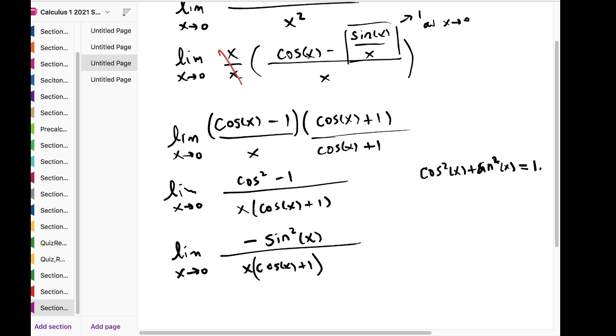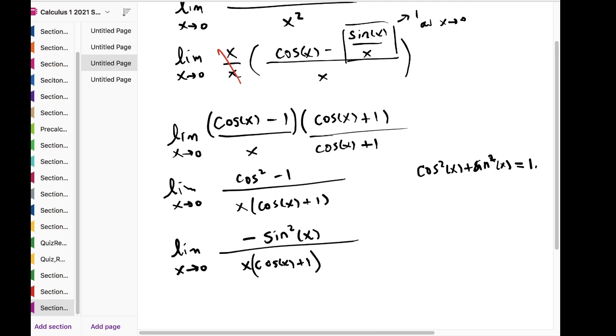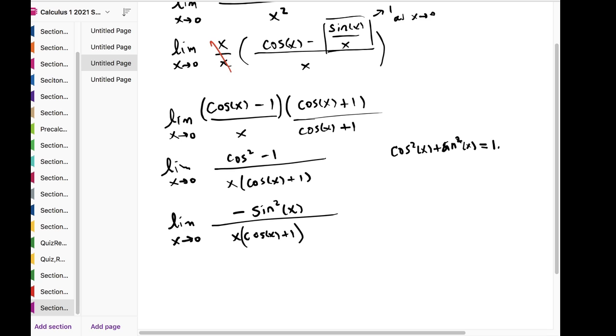Not that it matters here, because it's going to end up being 0. Because we have a sine of x over x, and then we have negative sine of x over cosine plus 1. And this is going to 0.